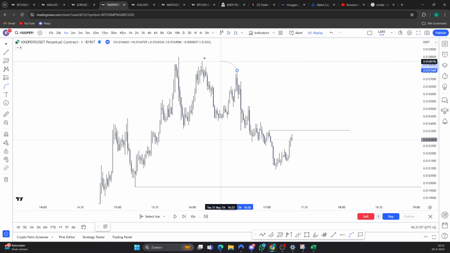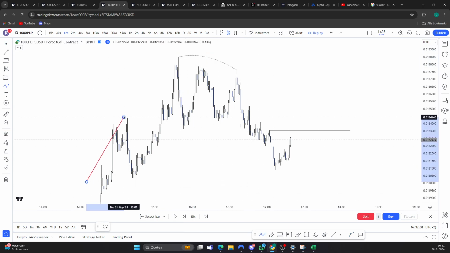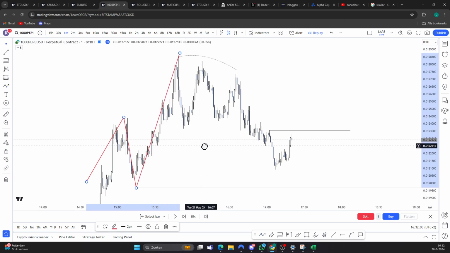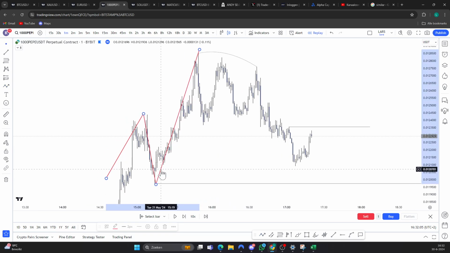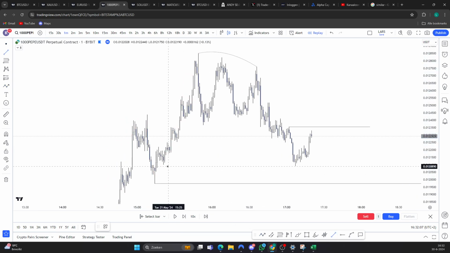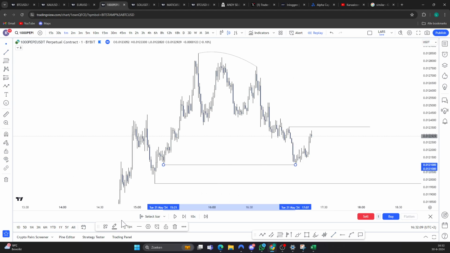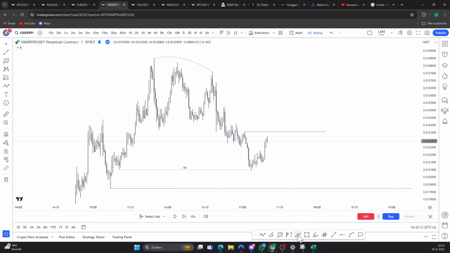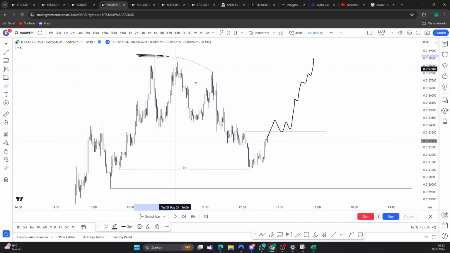We have some liquidity highs here. We're following this overall uptrend. We swept a lot of liquidity on this move down. So maybe if we break this high, we can have a rotation back towards this high.